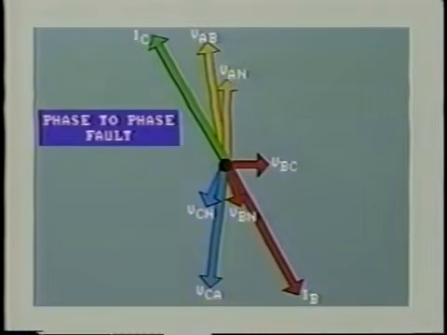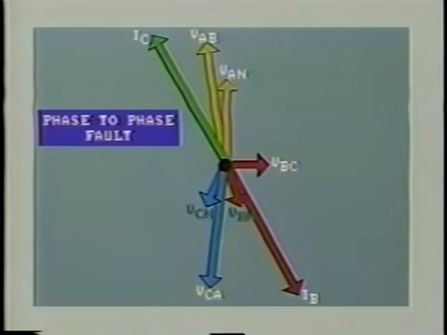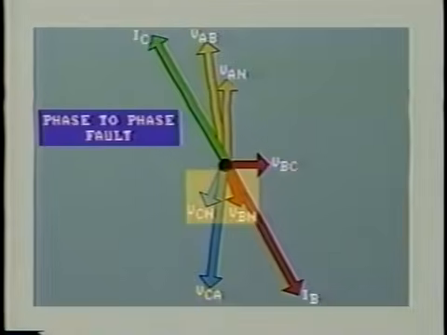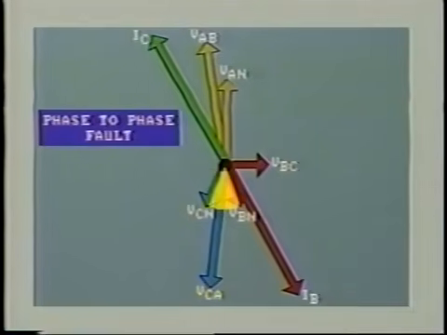The phasor diagram shows this. The short circuit drastically reduces the difference in voltage between lines B and C, that is, VBC. This reduces phase voltages VBN and VCN, and the angle between them to less than 120 degrees.